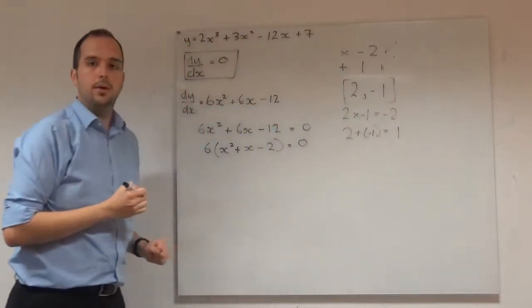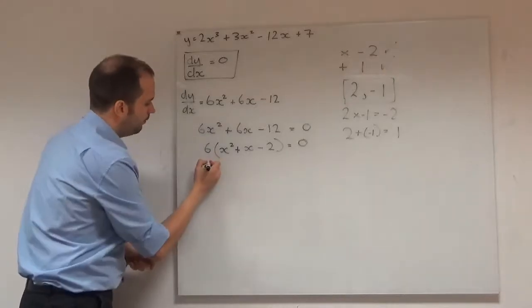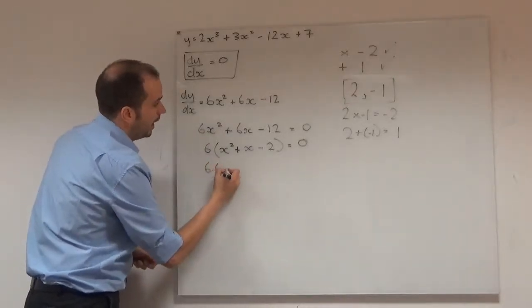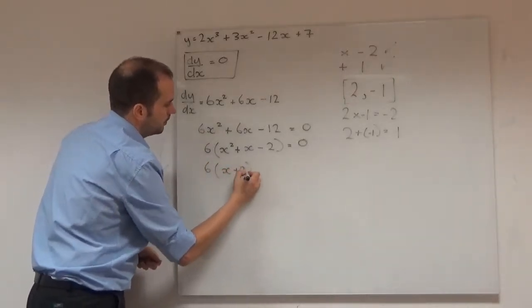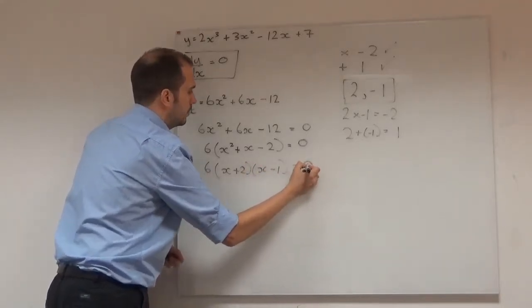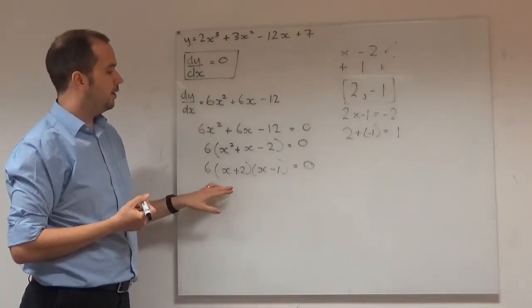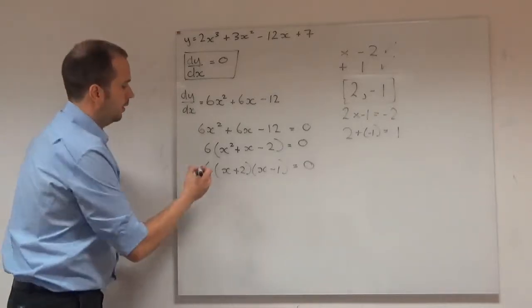So that one's done. Using our 2 and our minus 1, we can rewrite our quadratic as x plus 2, x minus 1, all equal to 0. And we can see the 2 values of x that solve this equation.